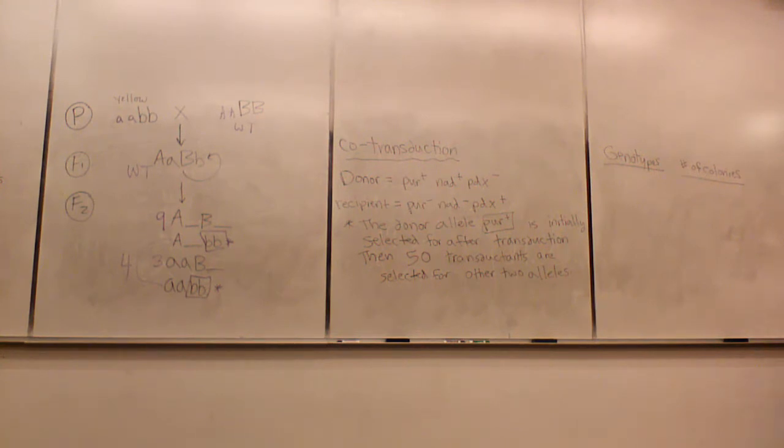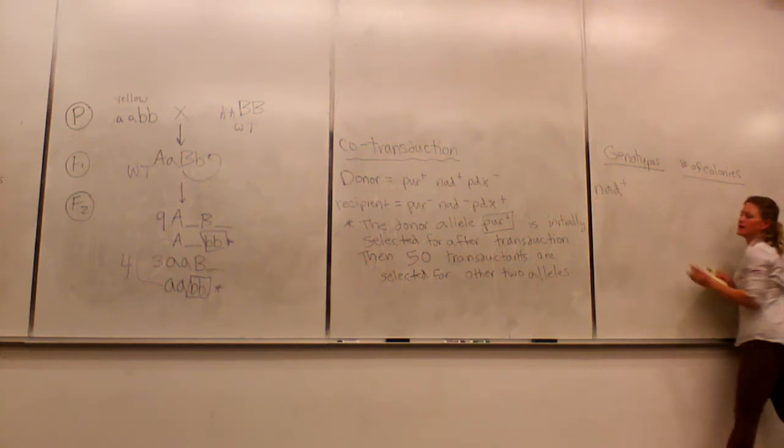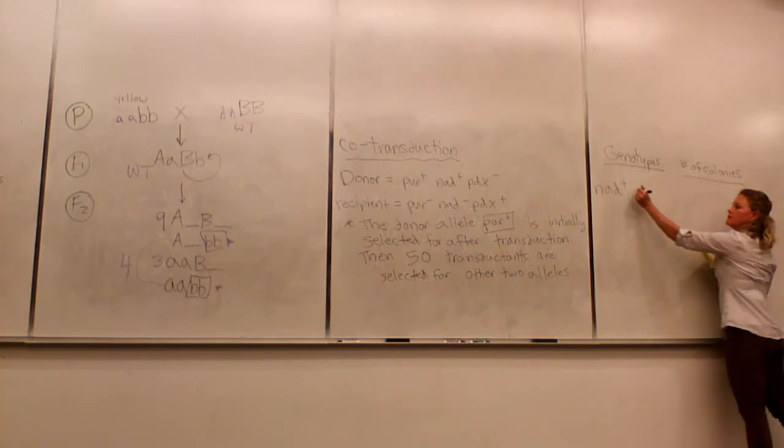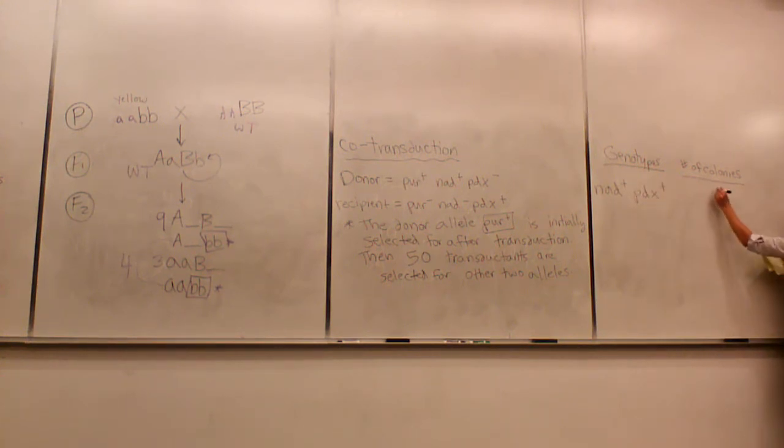But one could argue that you can kind of multiply, it should be the same ratio, essentially, right? If you have numbers of colonies, each colony hopefully represents a similar number of cells. Okay. So we have the following genotypes in our 50 offspring, essentially, that we're counting, or 50 recipients.